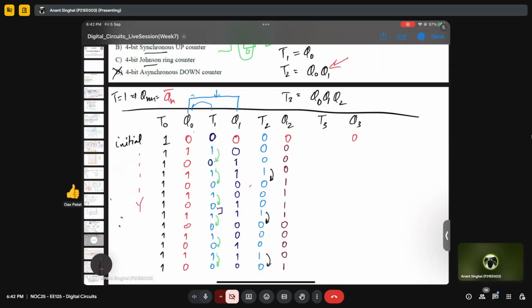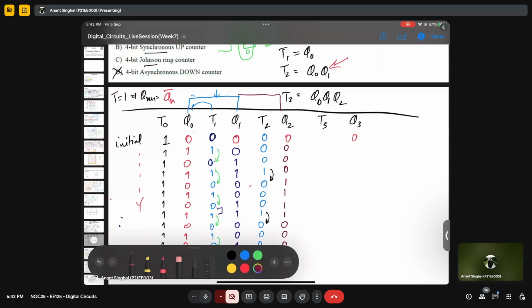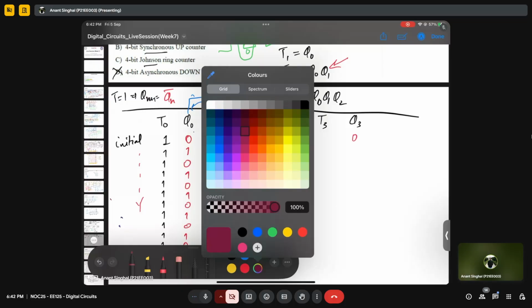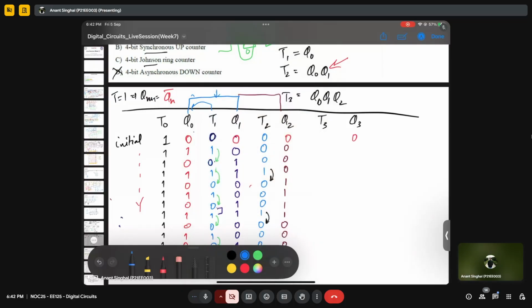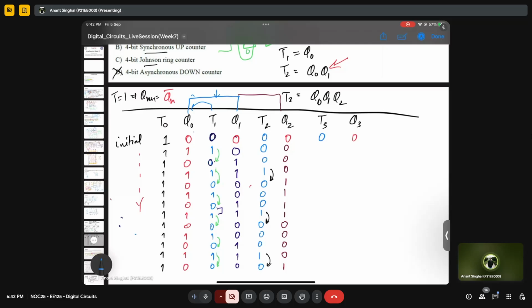Okay. Now T3 is the AND of these three things. So I'm doing the AND operation. Yes, sir, clear. So this will be 0, 0. Okay, sorry. Yeah, 0, 0, 0. Okay, so it is 1, 1, 0.